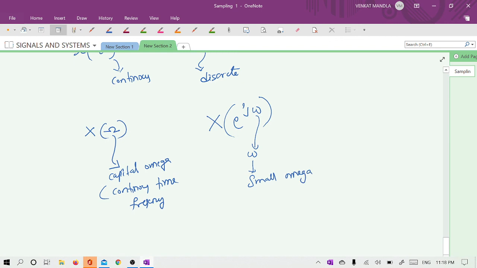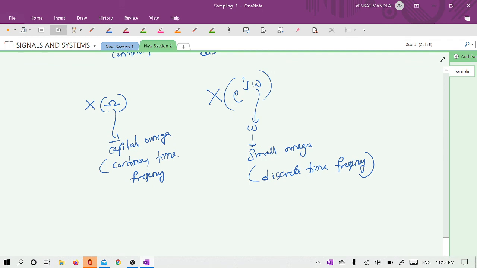I will reserve this symbol for discrete time frequency. So what do I mean by continuous time frequency and discrete time frequency? Continuous time frequency means the frequency of a continuous time signal.